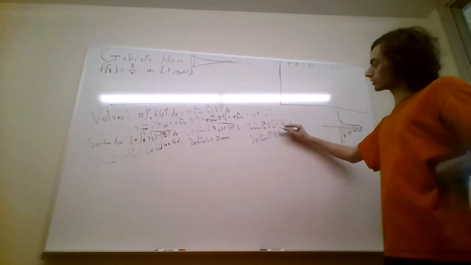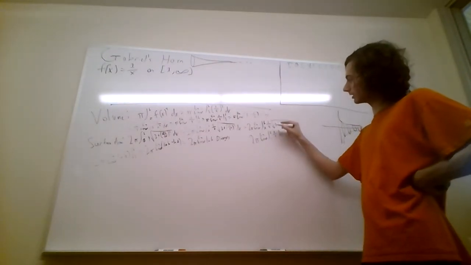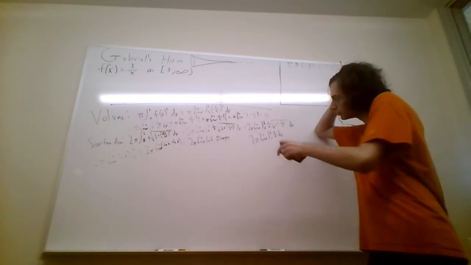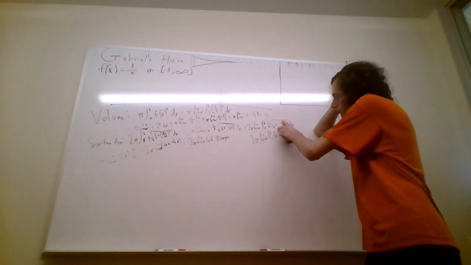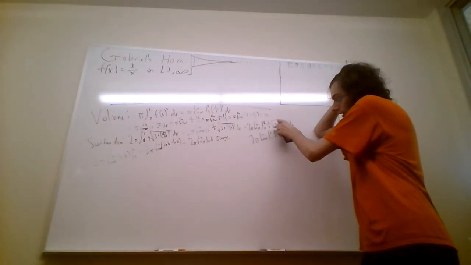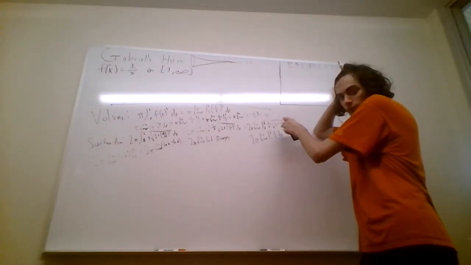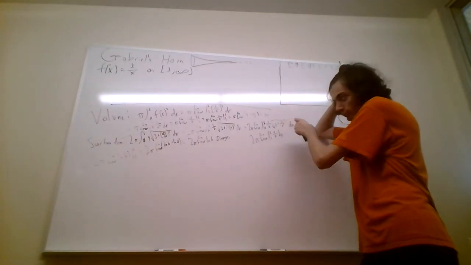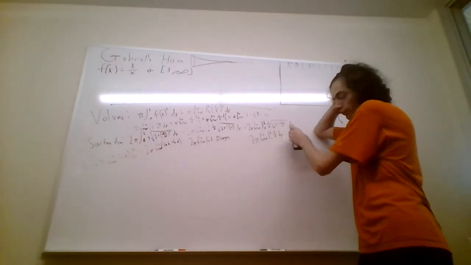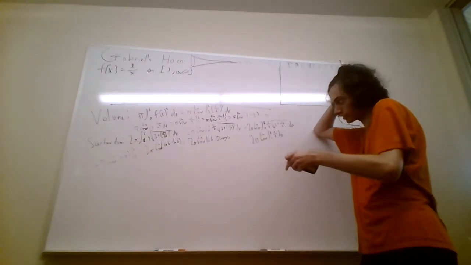Okay, so if you compare it to this one right here, it's basically the same thing, but you have the square root thing. And in the square root, you have 1 plus 1 over x to the fourth. So this factor will always be greater than or equal to 1, because no matter what x is, the 1 over x to the fourth is greater than or equal to 0.